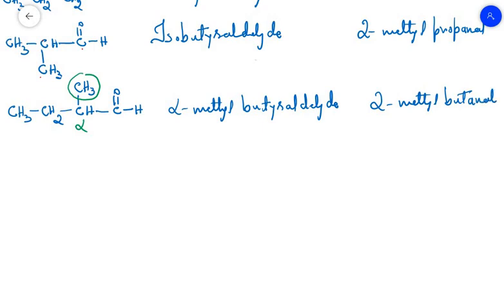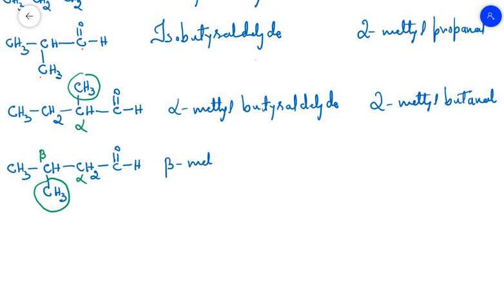Next example, CH3, CH, CH3, CH2, C double bond O and H. Now here this is the alpha carbon, this is the beta carbon, and the beta carbon has a substituent, so it is called beta methyl butyraldehyde.